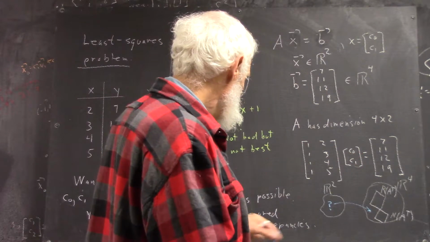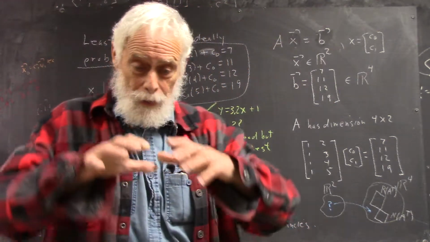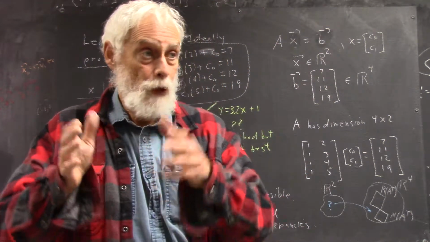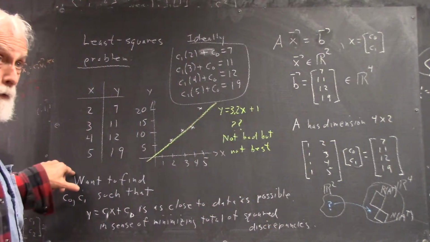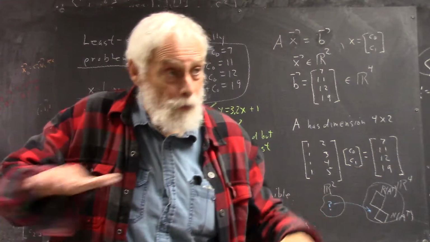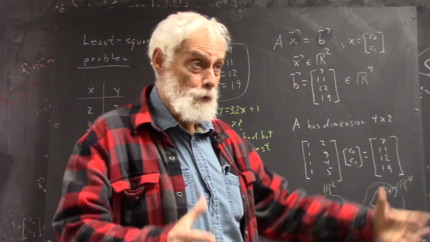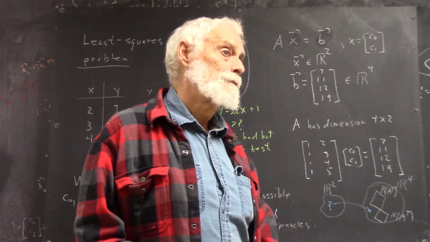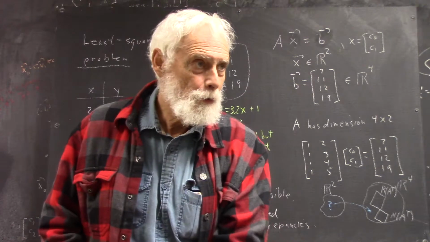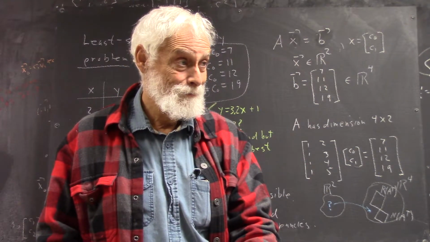Okay? Now, this is in R4, you can't visualize it, but it's like, okay, you're mapping R2 over here, so you've got the plane. And all these points are in the plane, right? So you're essentially mapping these points over to this four-dimensional subspace, which will typically have a two-dimensional plane through the origin, okay?